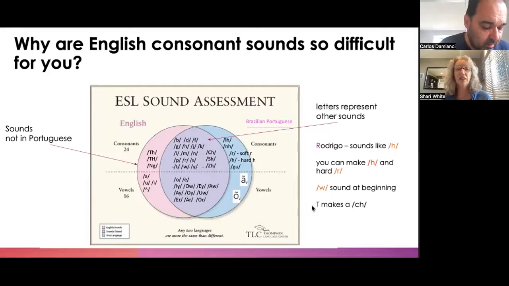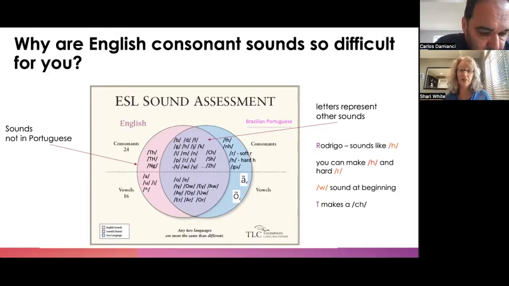And the letter T causes all sorts of problems in English anyway, because T makes different sounds, but sometimes the T in Portuguese makes a ch sound. My understanding is that you have the ch sound in Portuguese, but only in words that are imported, like chow. That is made with a letter T, but it sounds like a ch. So you can see all the problems. It's not you, it's a problem with the sounds and the letters that represent them.